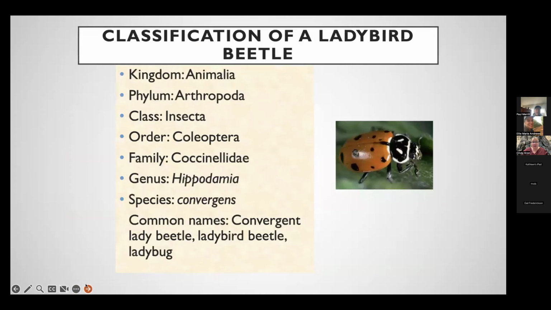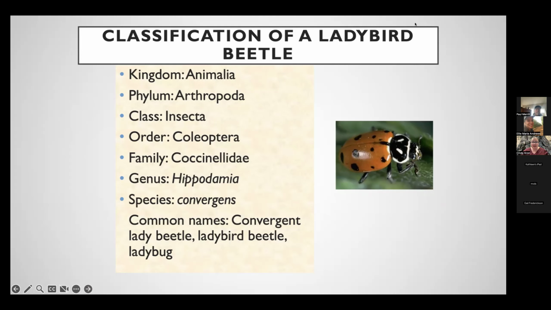To give an example of how this is broken down, take the ladybird beetle that you can see on the right. This is a convergent ladybird beetle. It's very common to find in pretty much all agricultural crops in California. Our kingdom would be Animalia, phylum is Arthropoda, class Insecta. So there's our group of insects. Order is Coleoptera, which is for beetles.